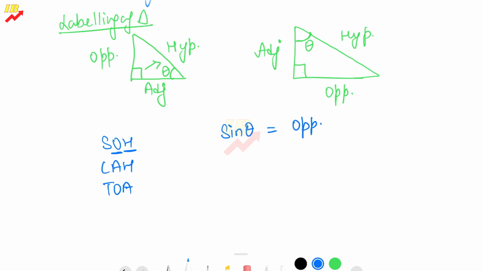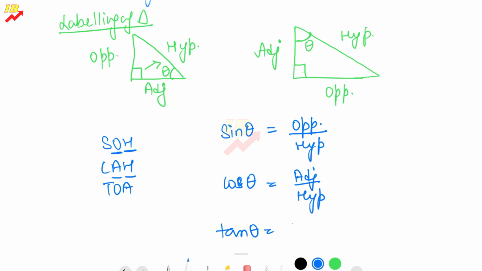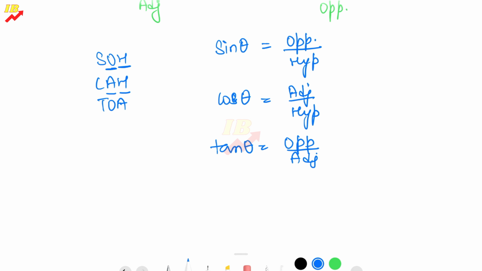So we write sine as opposite over hypotenuse. Similarly, cos theta is adjacent over hypotenuse, and tan theta is opposite over adjacent. That's how we can easily remember these things, by learning the labeling and then SOHCAHTOA.